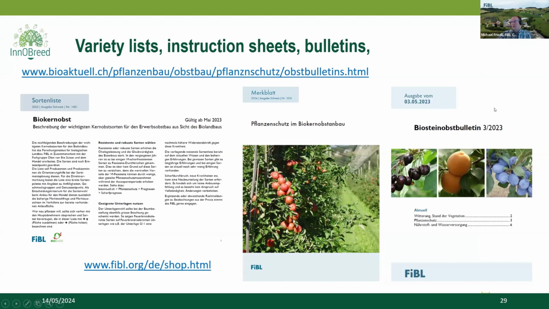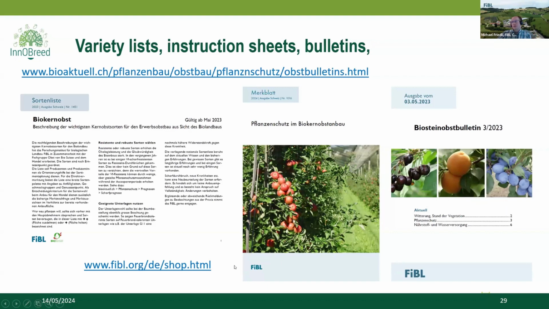And also during the season, our advisors offer the farmers so-called bulletins. At regular time points, they send them to the farmers. They give some information about plant protection, but also about some management issues like irrigation or nutrient management and so on.